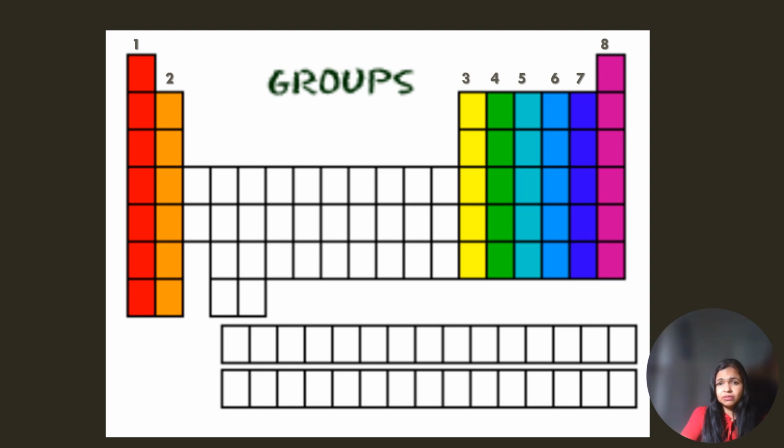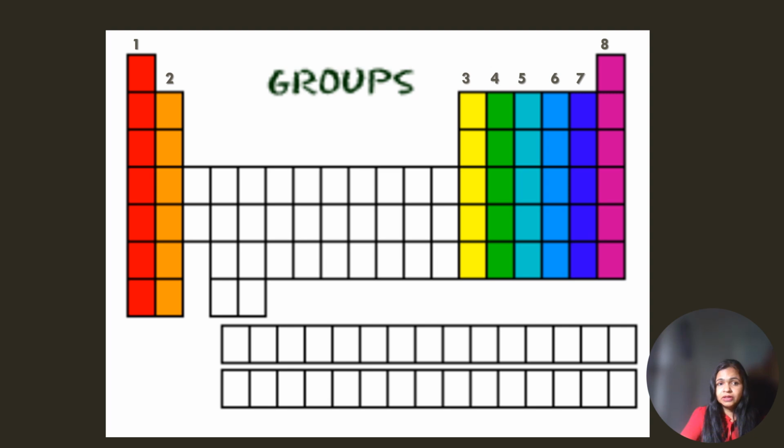Some of the special groups of the periodic table, like the first group, where all these elements, starting from hydrogen, lithium, sodium, potassium, rubidium, cesium, and francium, are present. They all are in group 1A. They have 1 valence electron. You simply go by the group number.